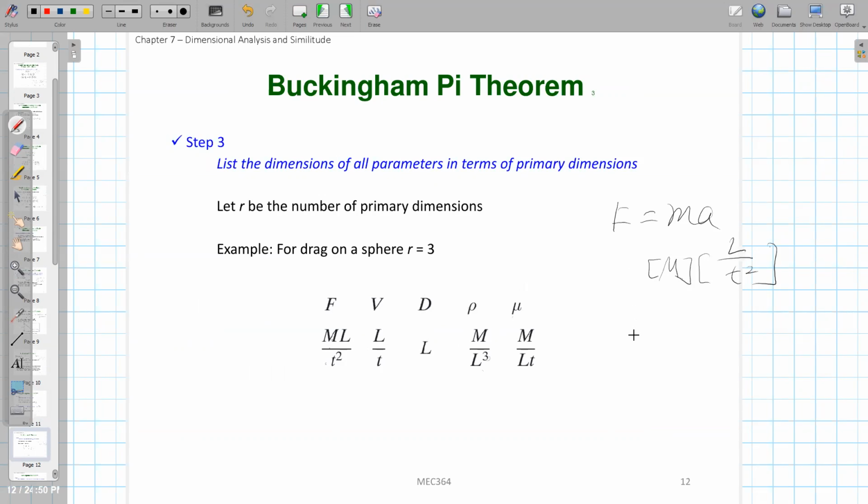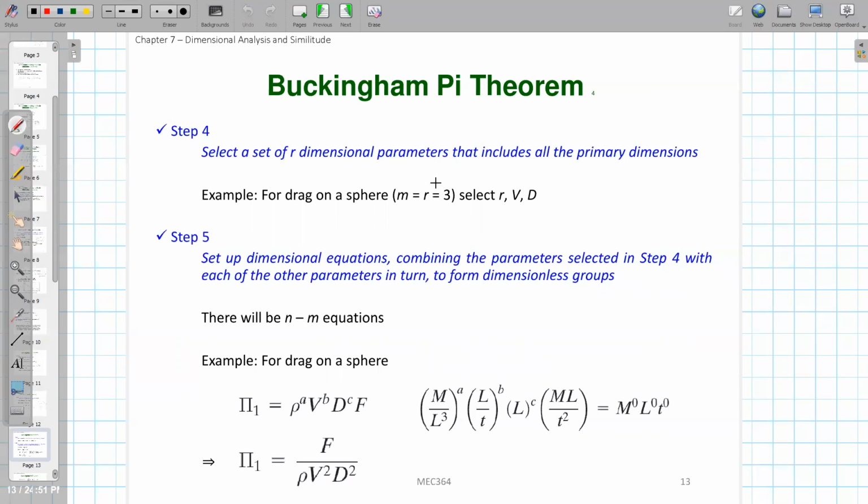What's the unit for mu? Kilogram per meter per second. This is the unit. So for the viscosity, the dimension is mass over length over time. So this is step 3. We just list all these parameters in terms of the primary dimensions.